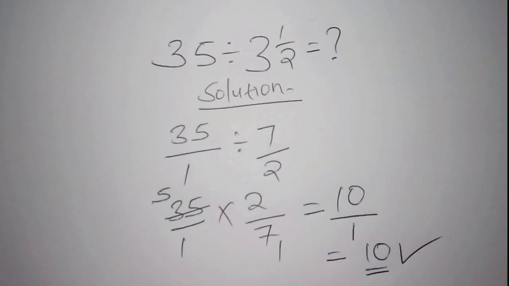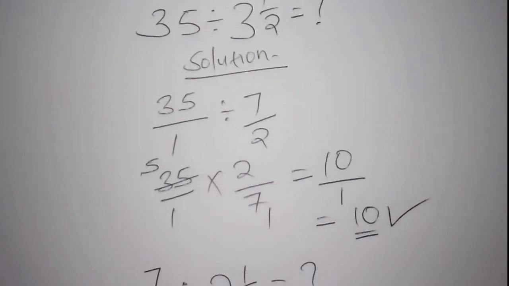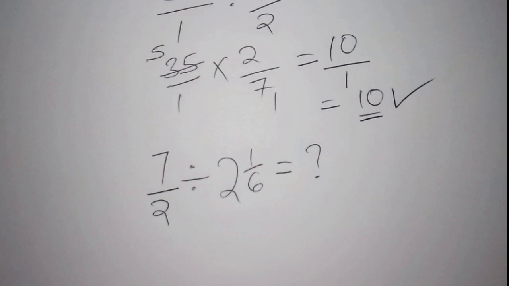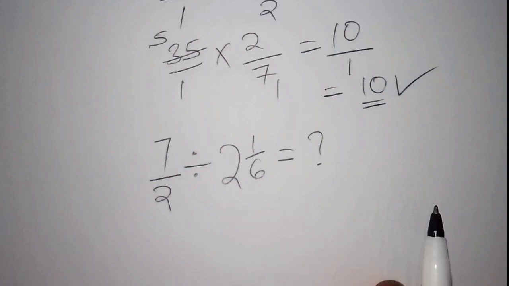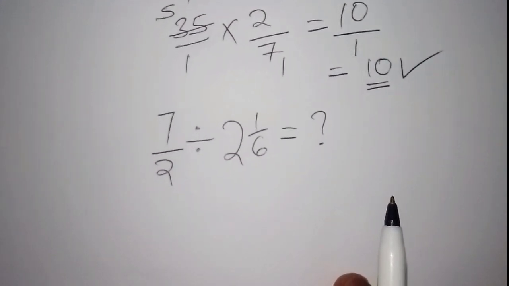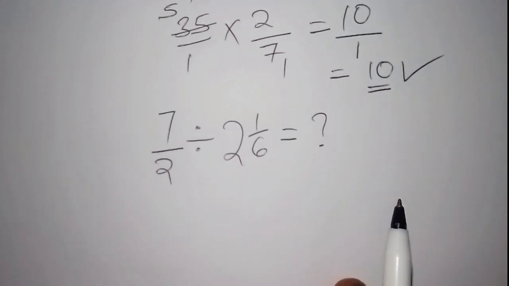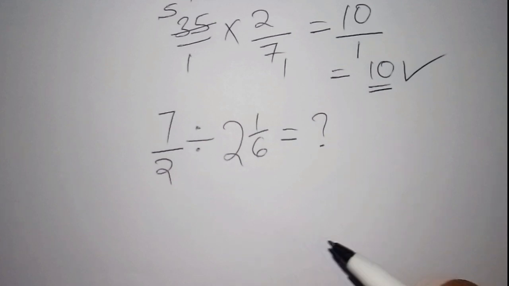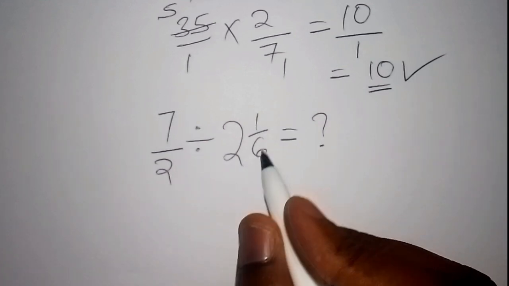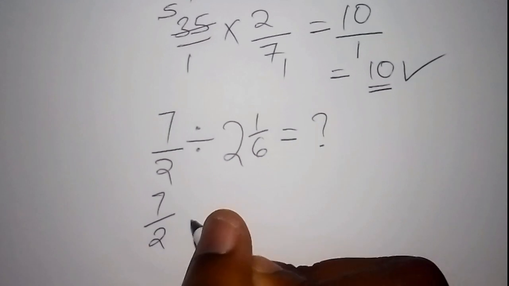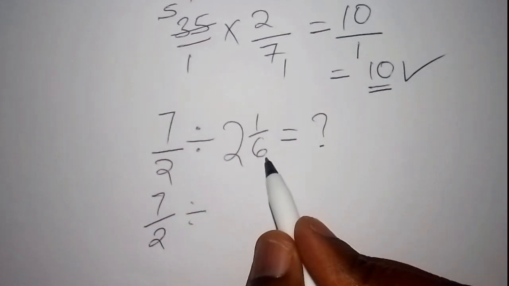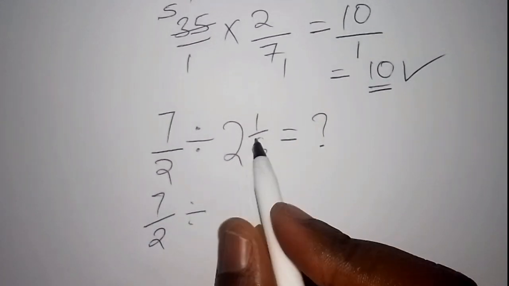So let's move to the last one, that is mixed fraction. Let's check this. We have 7 over 2 divided by 2 whole and 1 over 6. The first thing that we need to do in this case, as we did earlier on, is change this one into an improper fraction. So now we shall have 7 over 2, then divided by 6 multiplied by 2 is 12, plus 1 is 13.